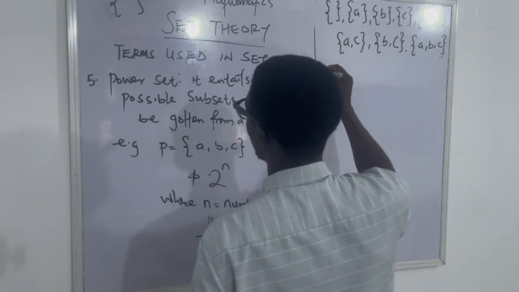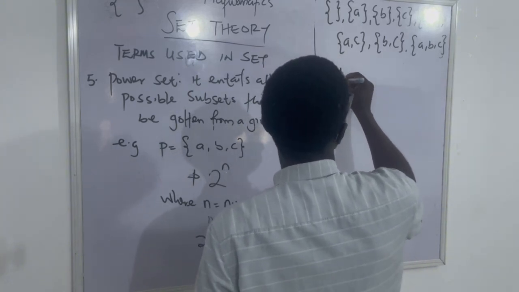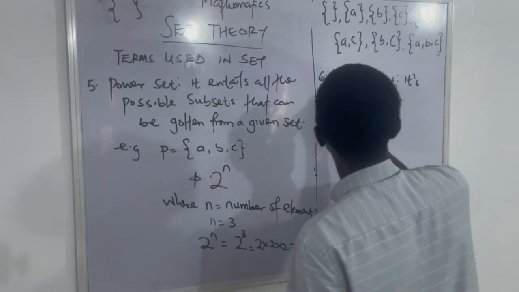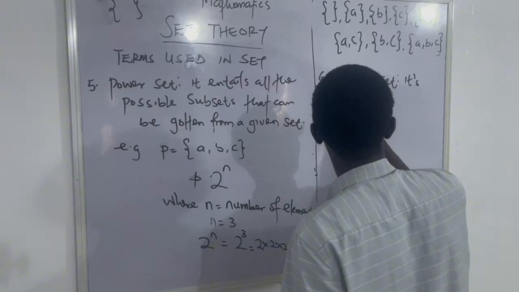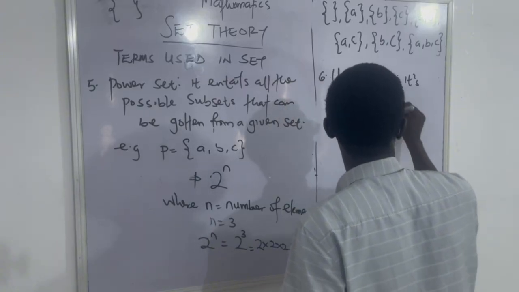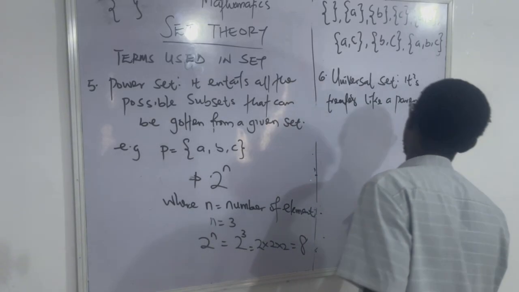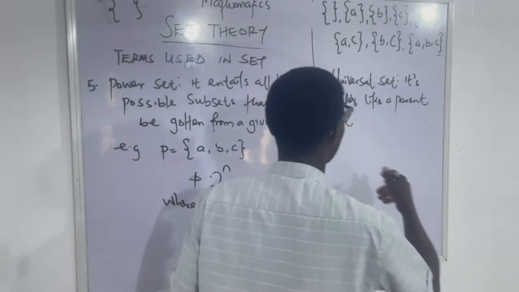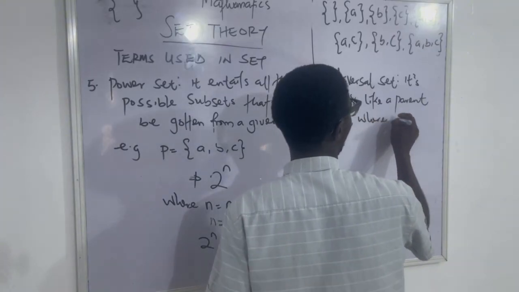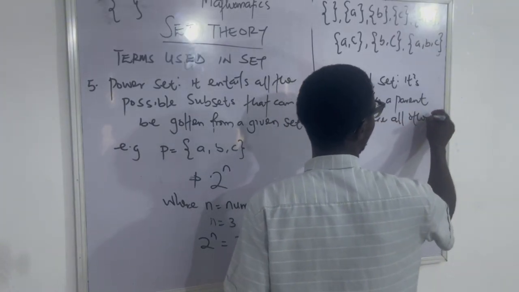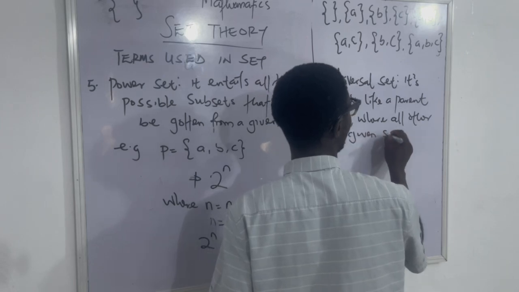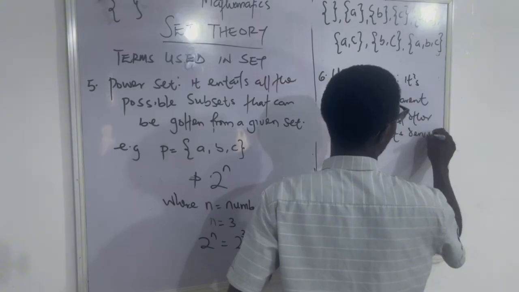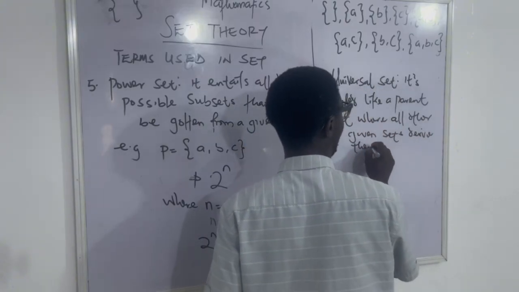So let's talk about number 6, universal sets. It is treated like a parent set, often likened to a subset also, where all other given sets derive their elements.